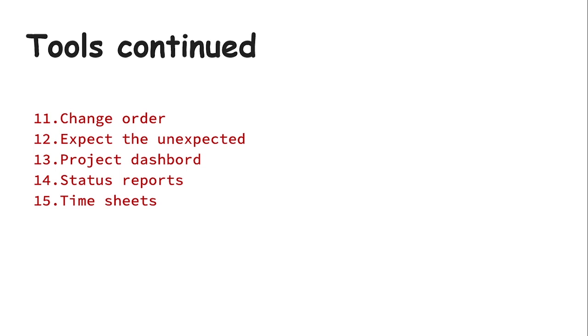Then 15, lastly, is have timesheets. This helps you to implement effective time tracking methods, integrating them through your project budget management software. They enable your team to easily capture even the smallest time spent on a task, and it also helps you have a creative budget succeed.